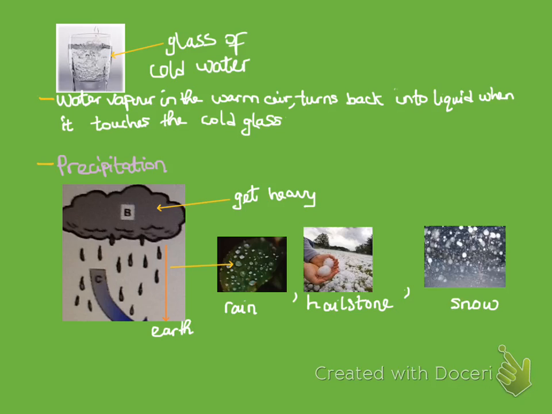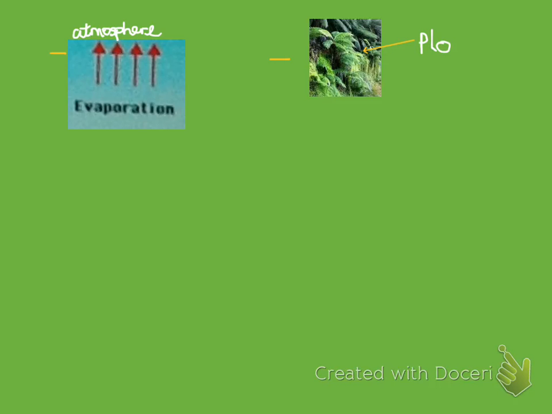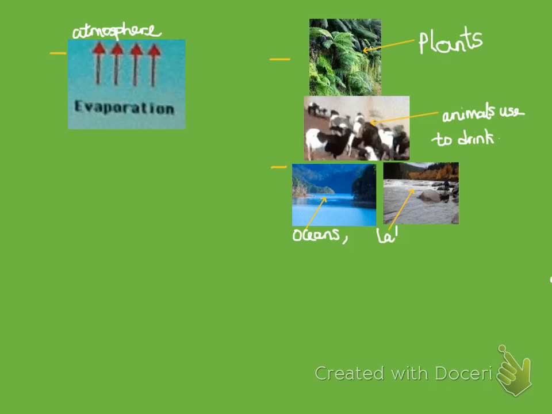Some of the water may evaporate back into the atmosphere, or the water may penetrate the surface and become groundwater that plants and animals use to drink, or it may run over the soil and collect in the oceans, lakes, or rivers.